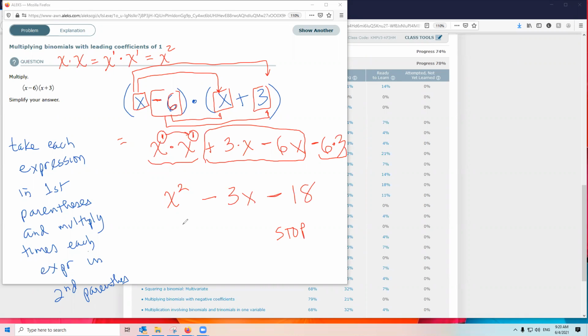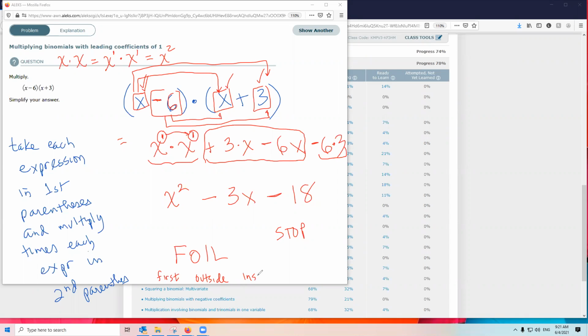Now, sometimes you'll see this mentioned as a FOIL kind of multiplication. The reason it's mentioned as a FOIL multiplication is because you're multiplying the first term in each parenthesis. Here's the first term times the first term. Then you're multiplying the outside terms. That's the x and the 3. Those are like the outer terms.